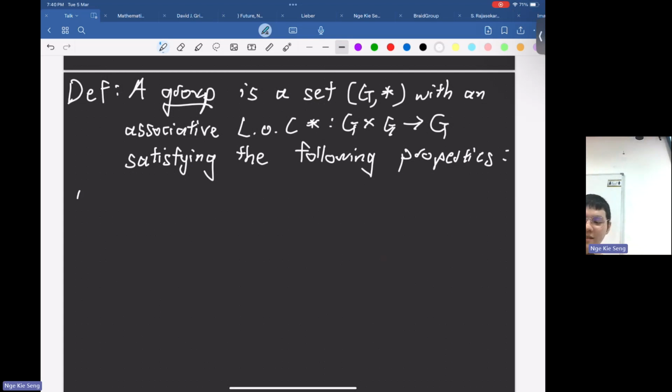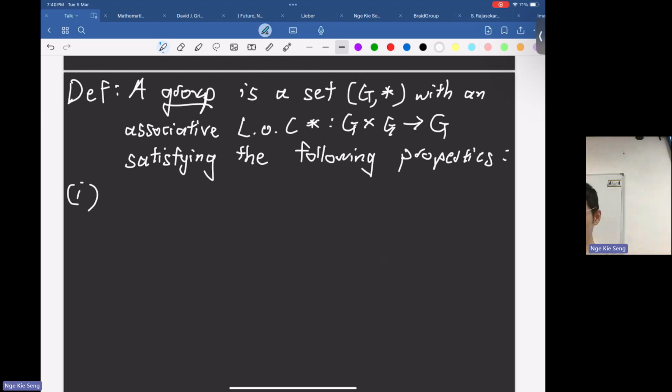So our culture, or our logic of presentation, is we define everything we need and then we will use it. Okay, so we have defined associativity, associative law of composition, commutative law of composition, identity, inverse. Right. So how are we going to use this? So we have used associative LLC here.